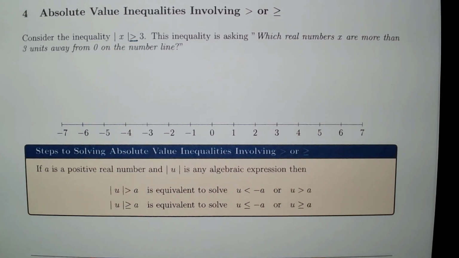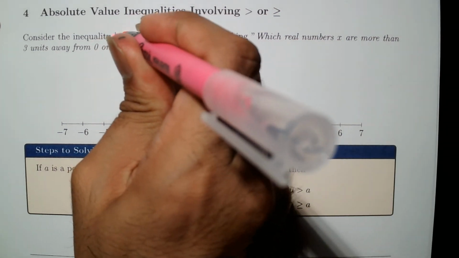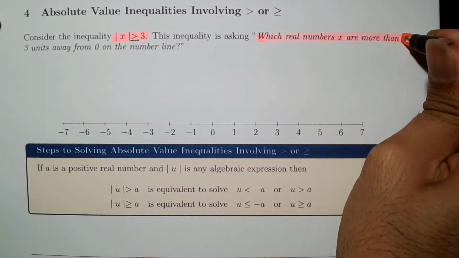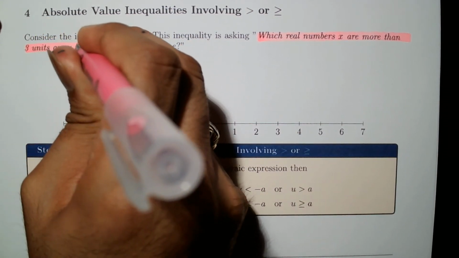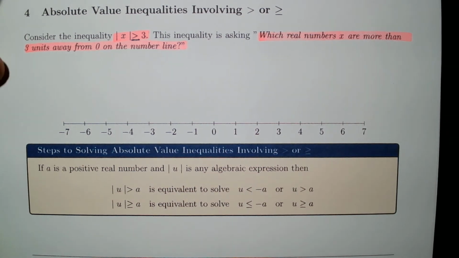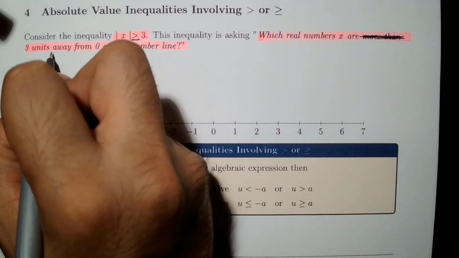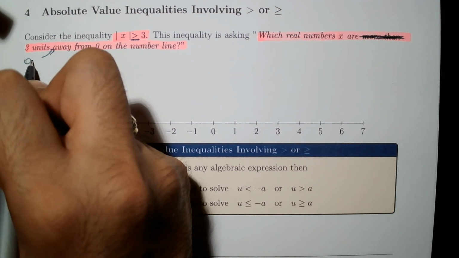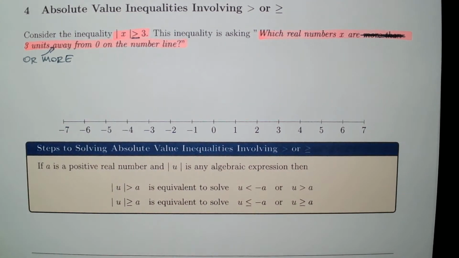All right, so this inequality is asking essentially, okay, let's highlight the inequality, which real numbers are 3 units or more away from 0 on the number line.